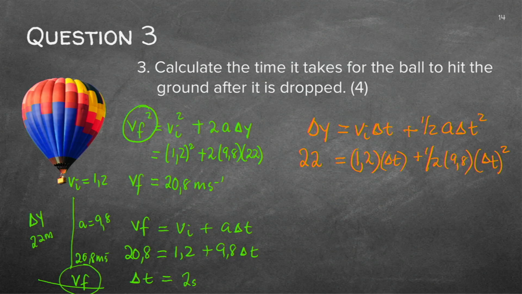So what we have here is 22 is equal to 1.2 t plus 4.9 t squared.